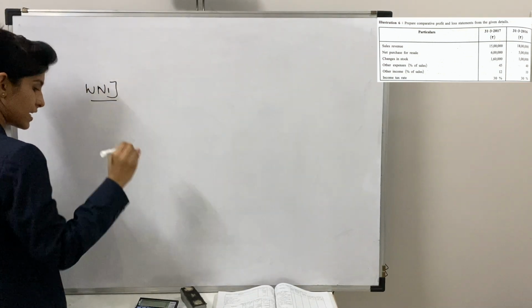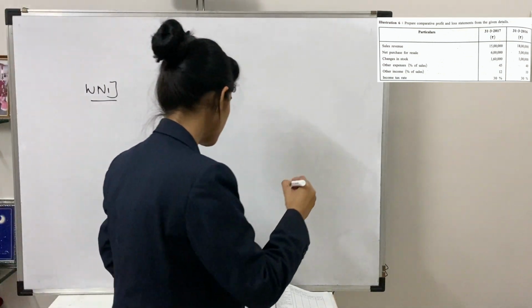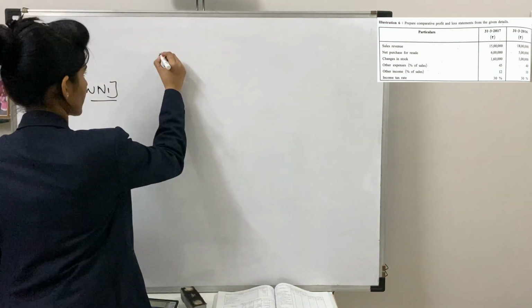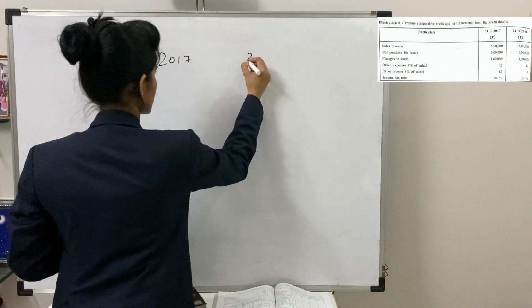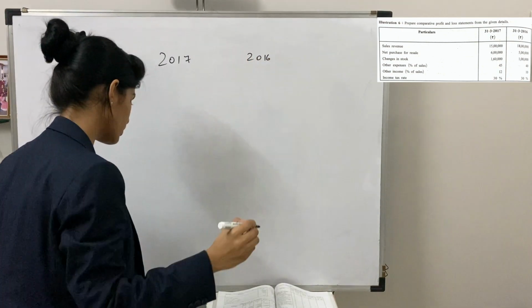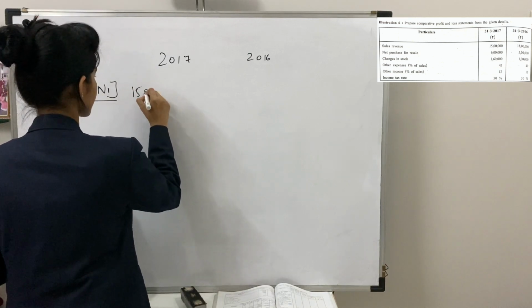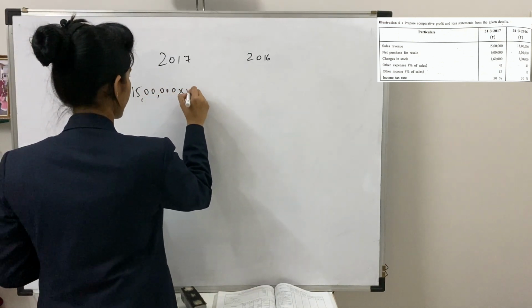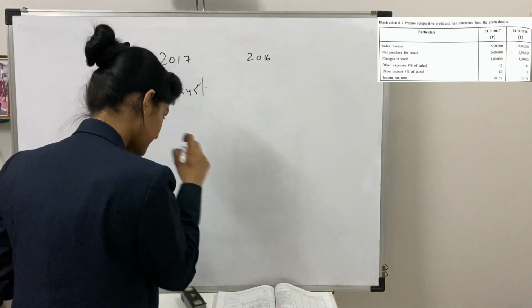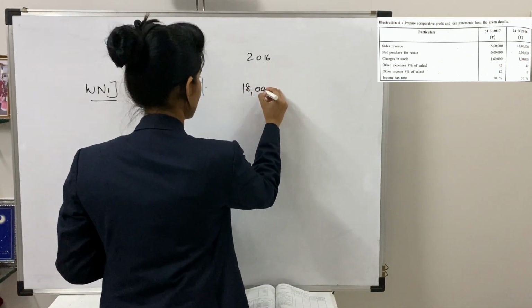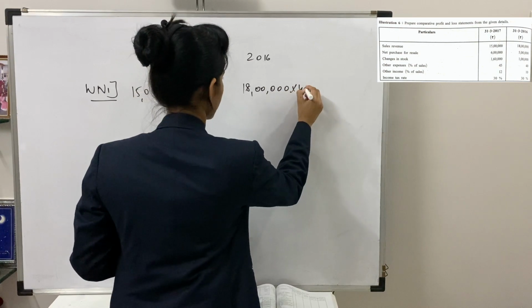In this case, we are being told that other expenses is 45% of sales in 2017. Unlike 2017, 2016. Now, checking the question, 45% of sales. So, 15 lakh into 45%. And for 2016, it is 40% of 18 lakh, 18 lakh into 40%.